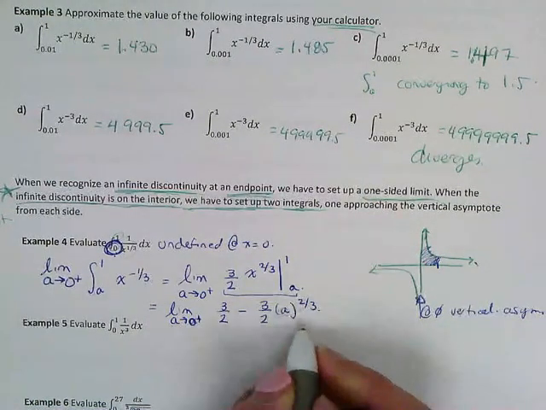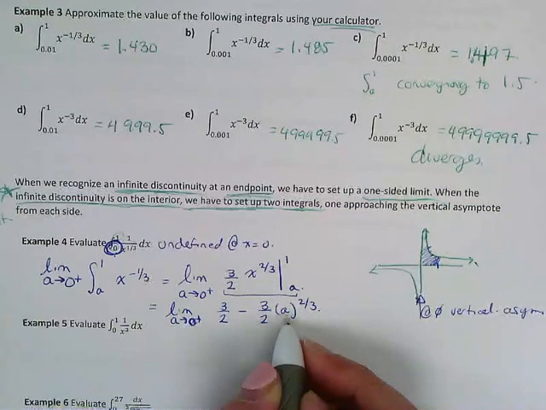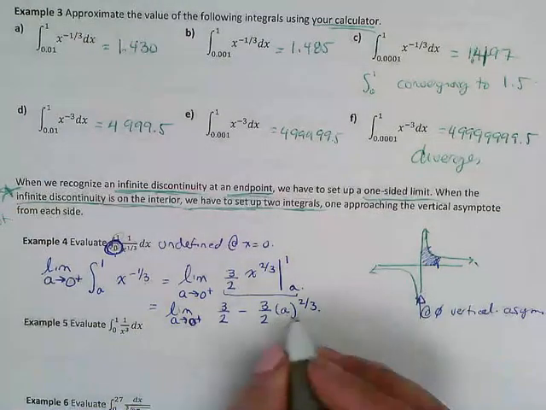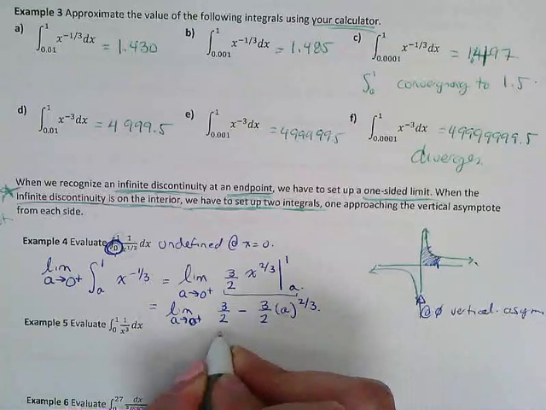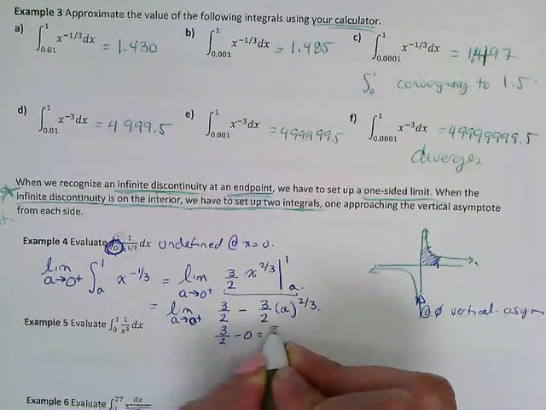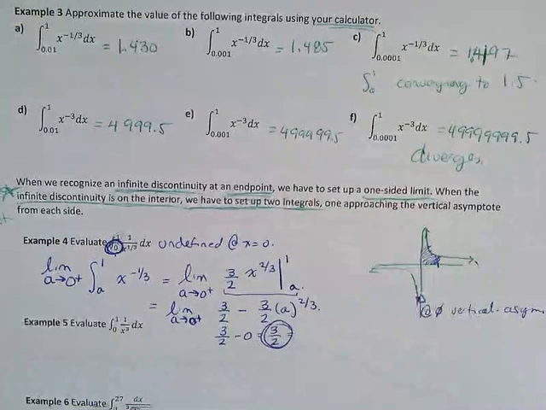Okay, I'll give you guys a minute to think about this, because this is just like saying that this is the cube root of a squared. So plug in a very, very small number and you see that it's 0. So this is just going to be 3/2 minus 0, which is 3/2. So the area of that section is 3/2.